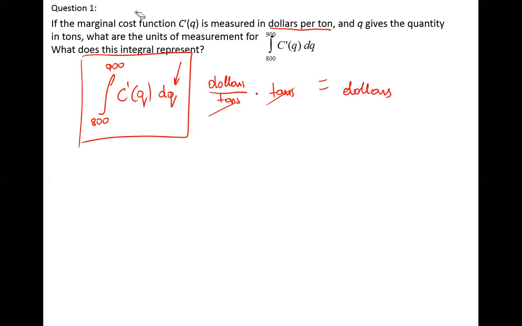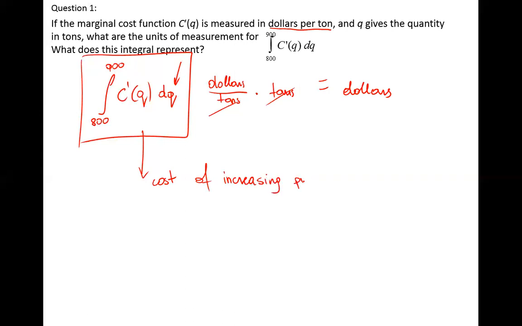The integral represents the area under the curve. We know that, but this is dollars. That means the whole integral represents the cost. This is the cost of increasing production from 800 to 900.